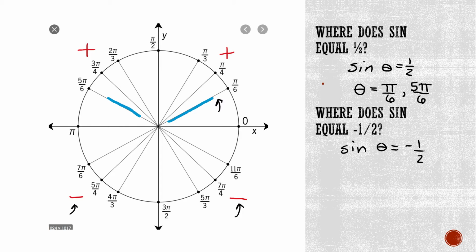So if I mirror this pi over 6 angle down into the fourth quadrant, we're here, and that is at 11 pi over 6. So that's a solution. And then if I take this line right here and mirror it over into the third quadrant, it's going to flip over right here, and so that would be 7 pi over 6.